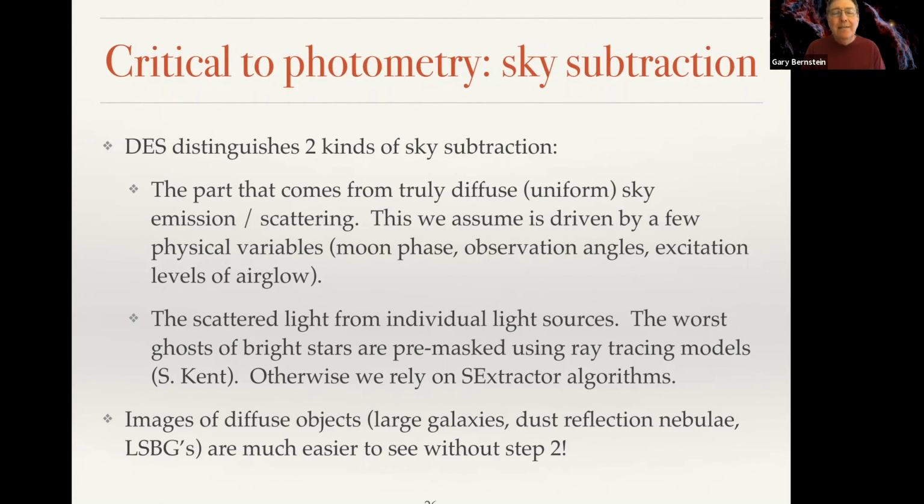In DES, we have a ray tracer that predicts for the brightest stars where the ghosts are going to be, and we pre-mask those regions. Steve Kent did that for us. But otherwise, we're relying on the Sextractor sky subtraction algorithm to remove these, and manual masking of the worst cases.